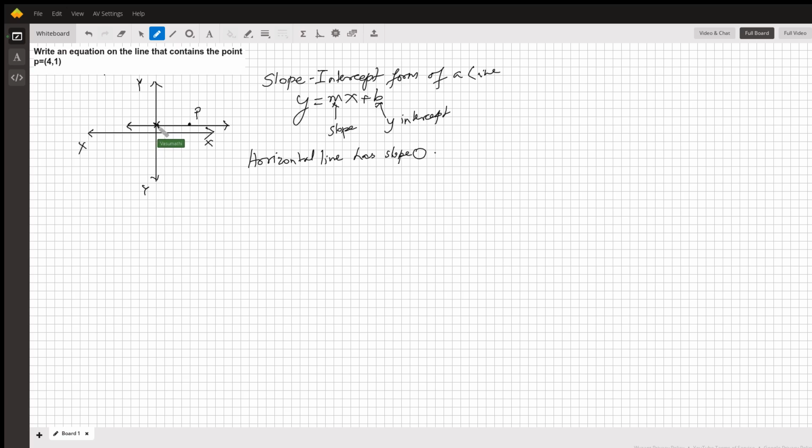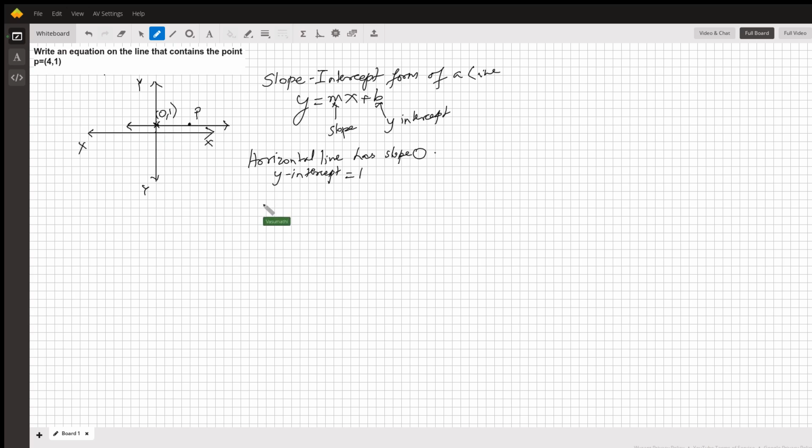So the y-intercept is a point on the y-axis where the line crosses that y-axis. So this is (0, 1). So I'm going to say that the y-intercept, we can write it as one single number, that is 1. Thus the y coordinate has the value 1 in the y-intercept.